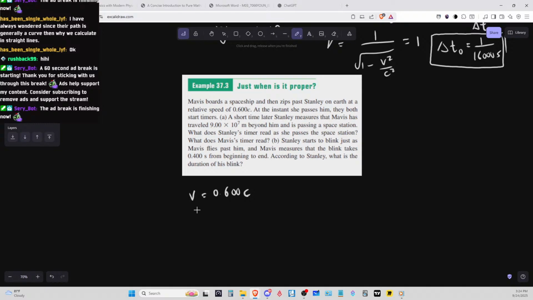Okay, so the distance she traveled is... what does Stanley's timer read as she passes the space station? And what does Mavis's timer read? Stanley starts to blink just as Mavis flies past him, and Mavis measures that the blink takes... Oh, okay.